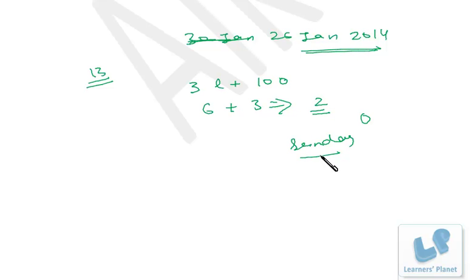So 13 completed years after 2000. 13 divided by 4, 3 leap years and 10 ordinary years. So it's 6 and 3, that's 9, that means 2. And then 26 gives a remainder of 5, and 5 and this 2, 7, so 0 remainder, that means it is Sunday. You can very well verify with your calendar.